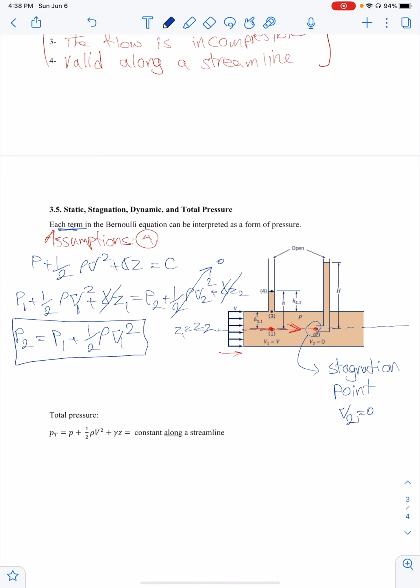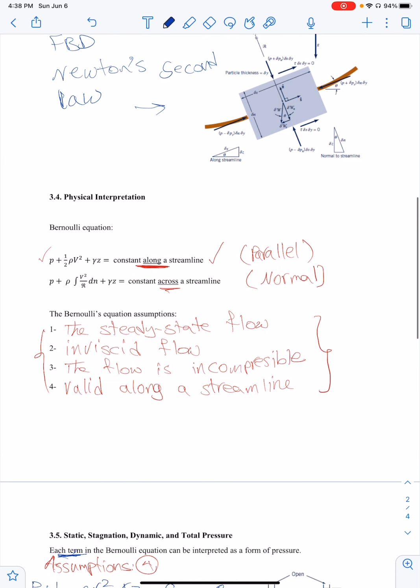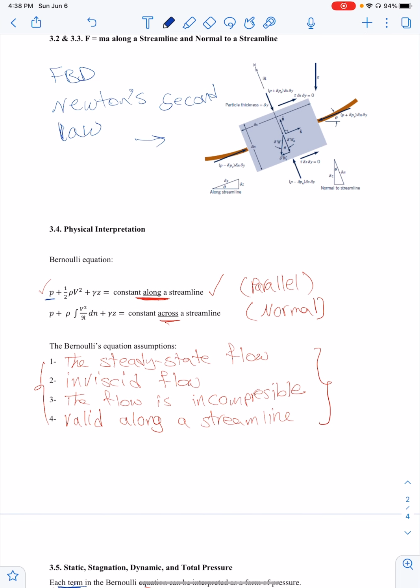Also, each of the terms in the Bernoulli equation can be interpreted as a form of pressure. So let's talk about that. This P right here, we're going to call static pressure, which is the actual thermodynamic pressure of the fluid.